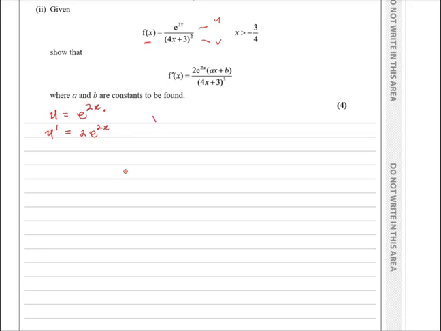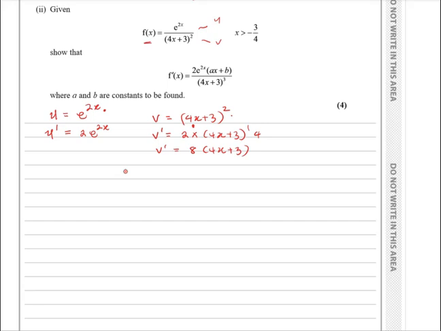All right, and then my v is going to be equal to (4x plus 3) to the power of 2. And here I'm going to use the chain rule, the derivative, which I'm going to write as v prime. The 2 comes down, multiplied by the power reduced by 1, so power 1, multiplied by the derivative of the inside, which is 4. So your derivative is going to be 8 into (4x plus 3).